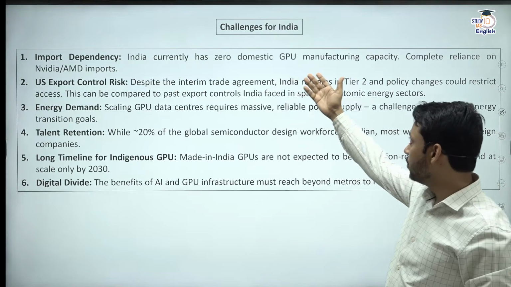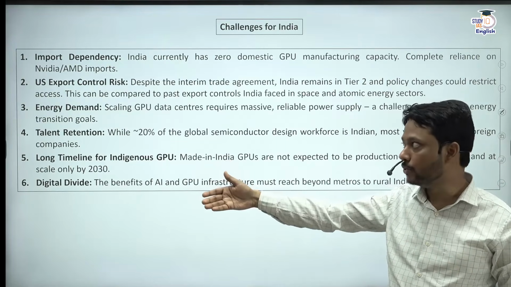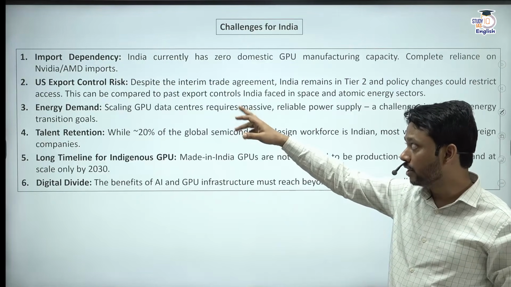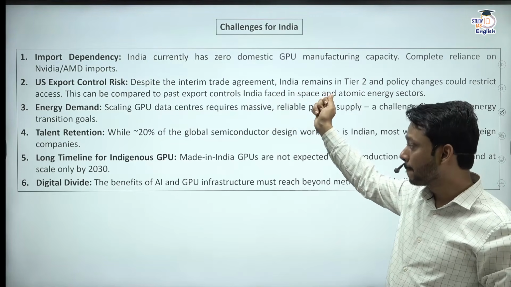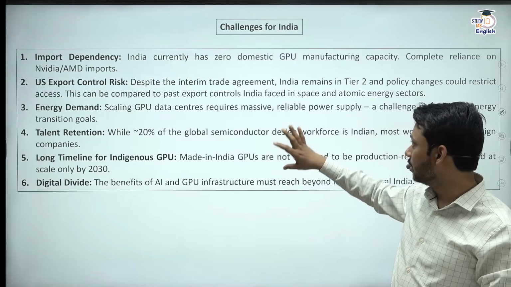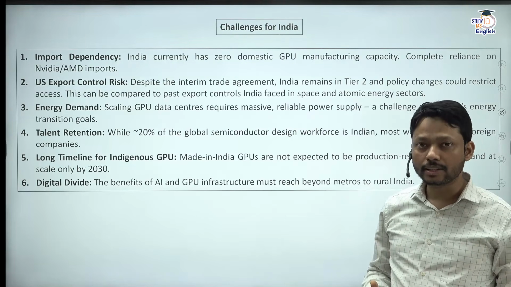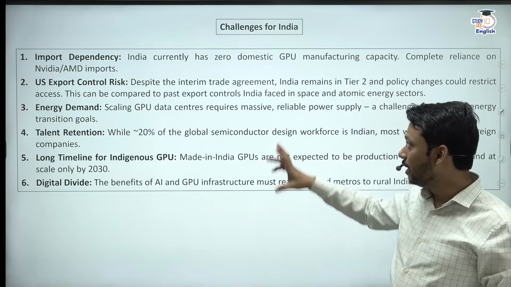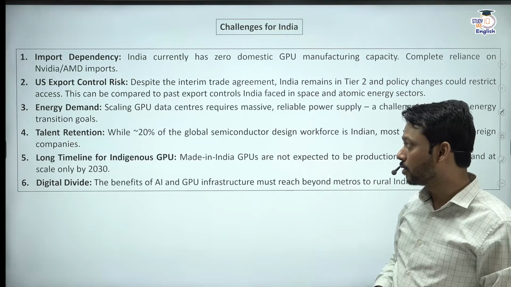Currently, India has zero domestic GPU manufacturing, and our first manufacturing lab is going to come up in a few years. There is also US export control risk. Despite an interim trade agreement, as they have barred China, given the diabolical nature of the current president, we do not know when they can cut it off for India as well. There's always a risk of import embargo.